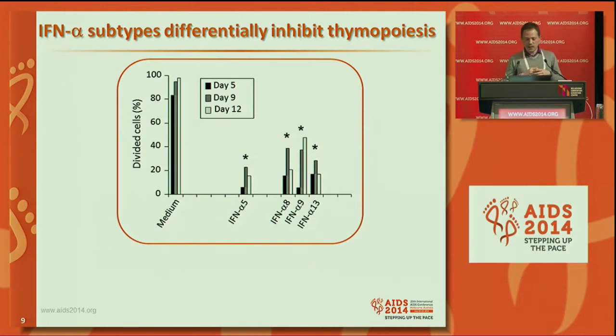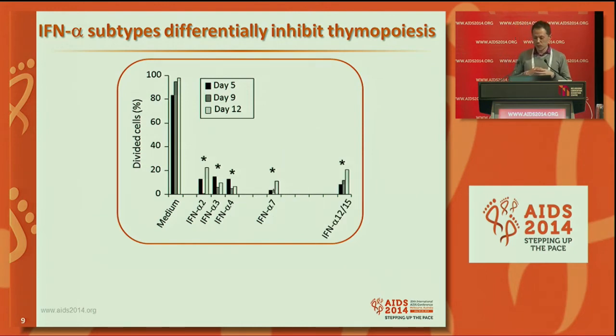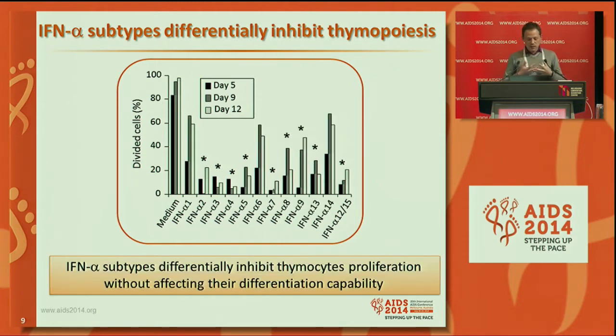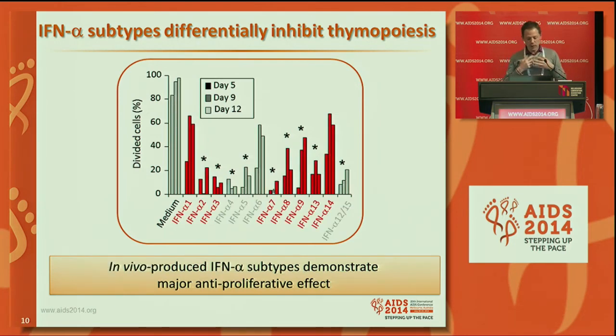Interferon alpha 5, 8, 9, and 13 have a moderate effect on thymocyte proliferation in vitro, whereas interferon alpha 2, 3, 4, 7, 12, and 15 had a very big impact. Thus, interferon alpha subtypes differentially inhibit thymocyte proliferation, and, though I didn't show you because of lack of time, without affecting their differentiation capability. Furthermore, in vivo produced interferon alpha demonstrates a major antiproliferative effect.